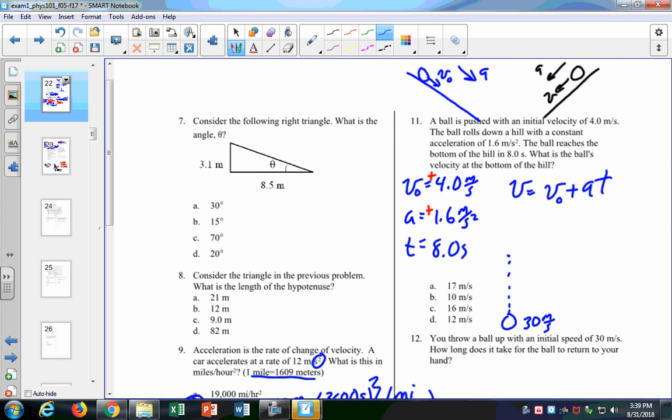If I want the final velocity, it's 4 meters per second plus 1.6 meters per second squared times 8 seconds. That's 4 plus 12-ish, 16. Oh, it might be 17. It was probably 17.